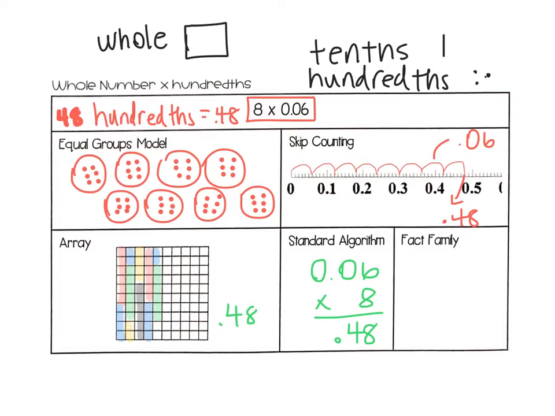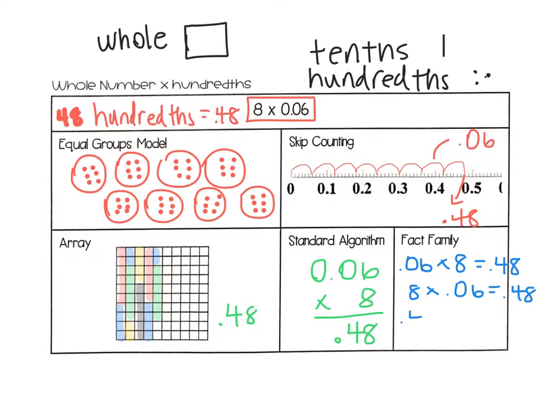So finally, let's put our fact family together. We have 6 hundredths times 8 groups equals 48 hundredths. 8 groups times 6 hundredths in each group equals 48 hundredths. I can do the inverse operation now.